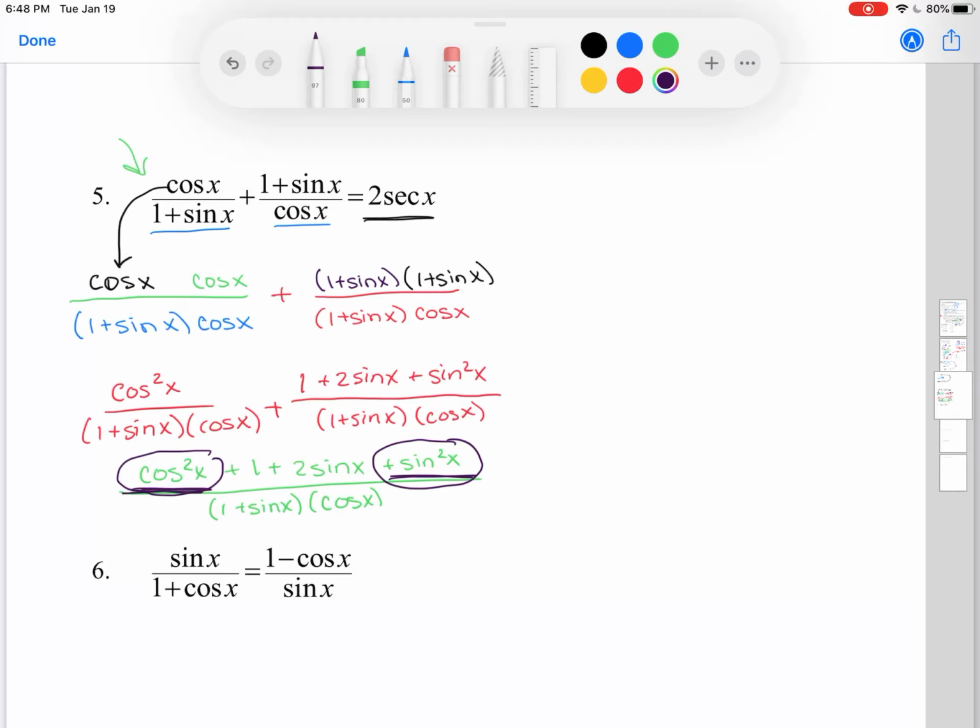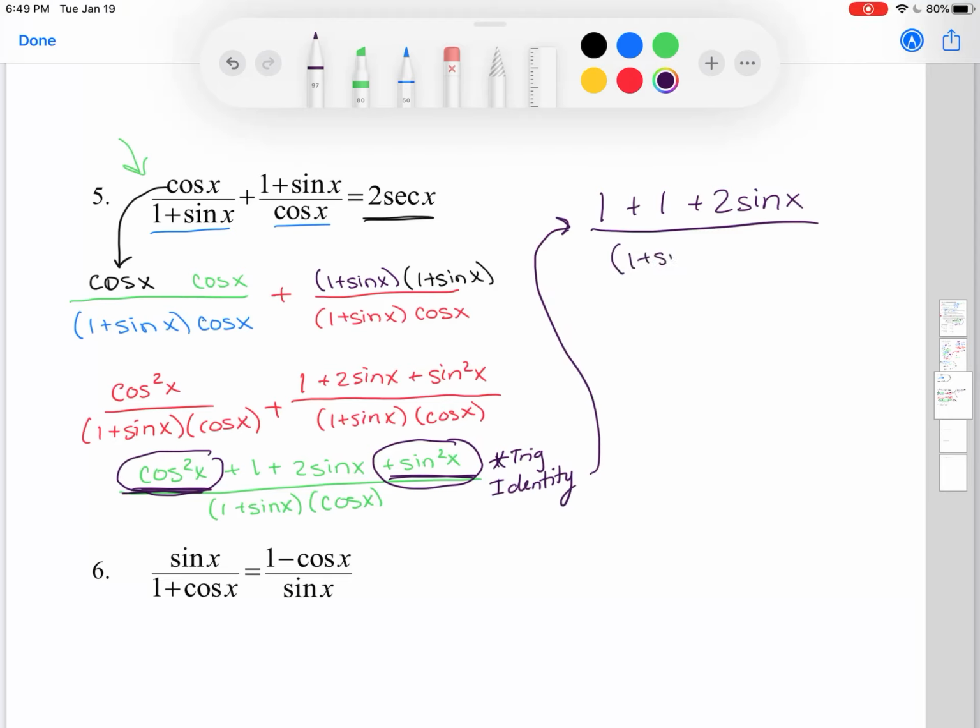I could rearrange them to put them together. That is fine. So I'm going to use my trig identity to remove those from my numerator and to just make it a 1. So that will now give me 1 plus 1 plus 2 sine x over 1 plus sine x cosine x.